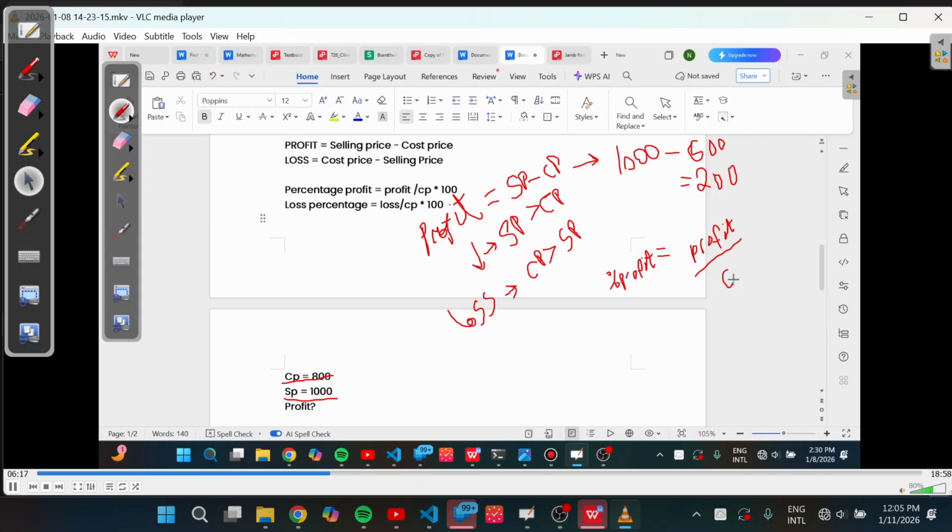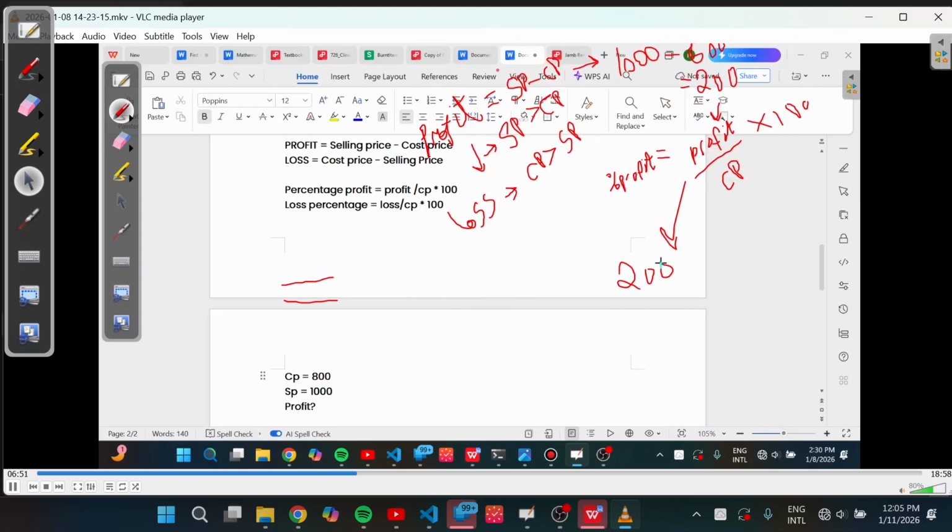So we'll fill it in. So now we're going to input the values. So that is going to be 200 over our cost price, which we have to be 800 multiplied by 100.